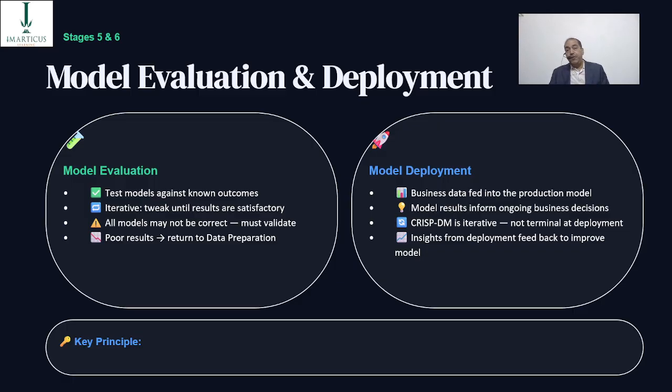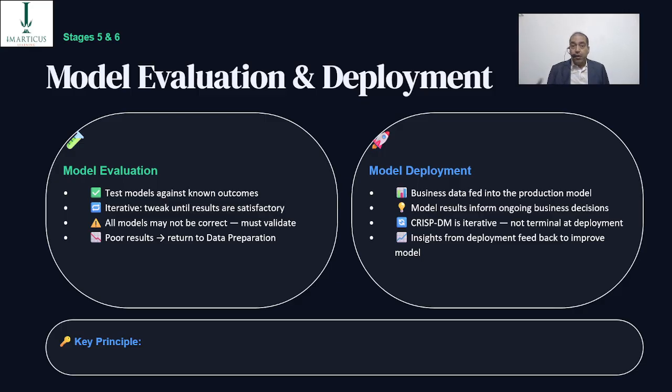Similarly, after model evaluation, if you find that the model is not performing up to your expectations, you will have to go back to the data preparation stage and develop the model once again. Modeling and evaluation together is a continuous, iterative process in which the models are tweaked until you get satisfactory results. Only then can we consider the models ready for deployment and use.